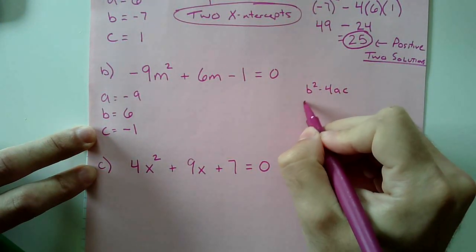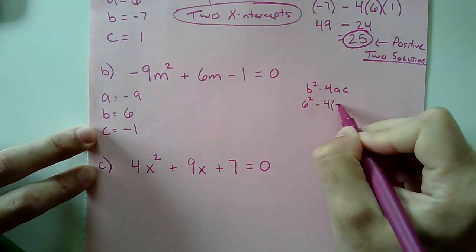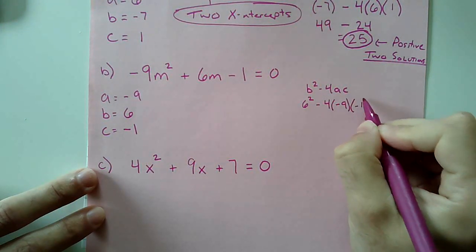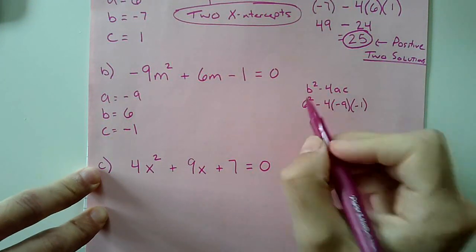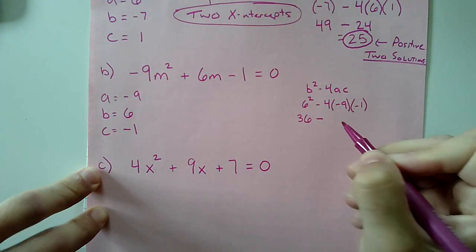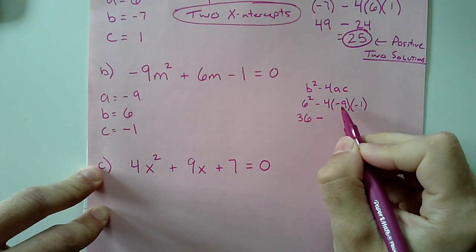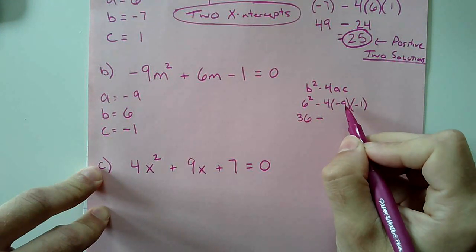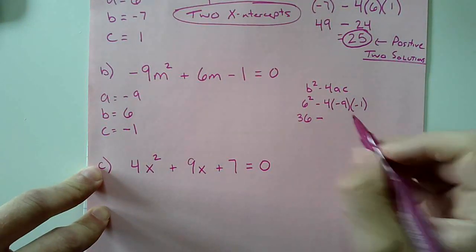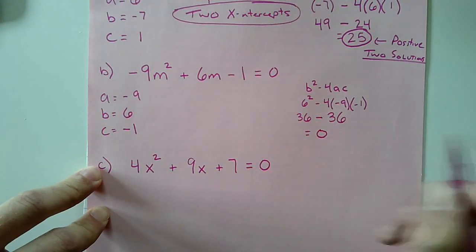So that's going to be 6 squared minus 4 times negative 9 for A and negative 1 for C. This gives us 36 minus, now we have to be careful here, we're subtracting 4 times negative 9, which is negative 36, and then we times it by another negative 1, which makes it a positive 36. So we're subtracting 36. This will equal 0.